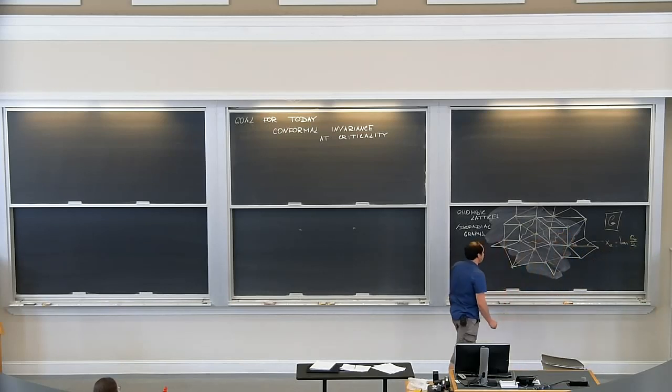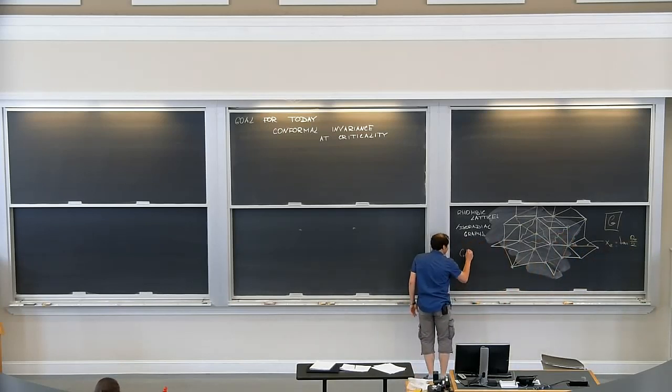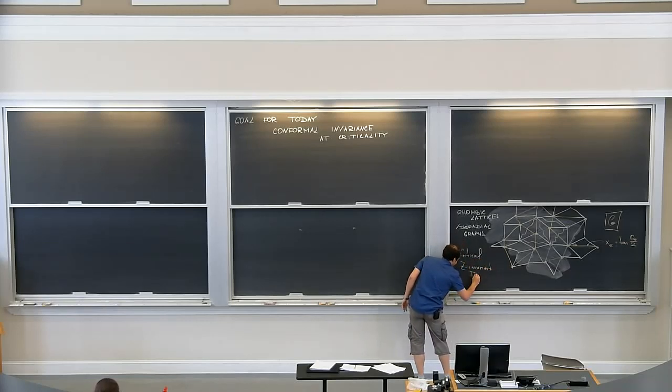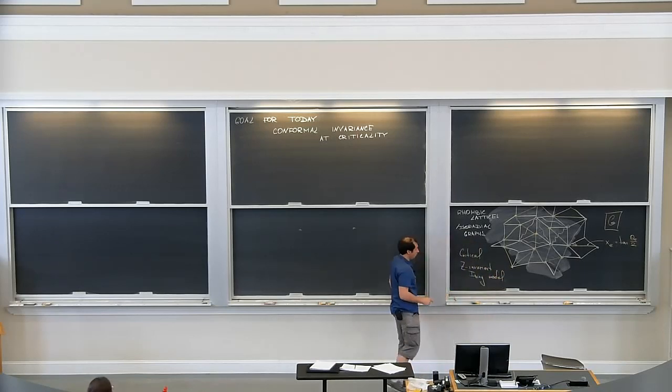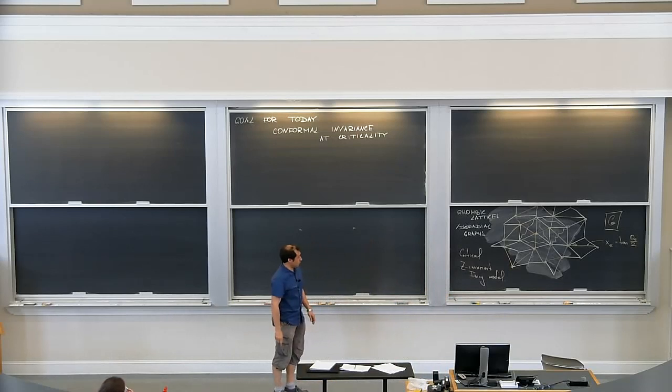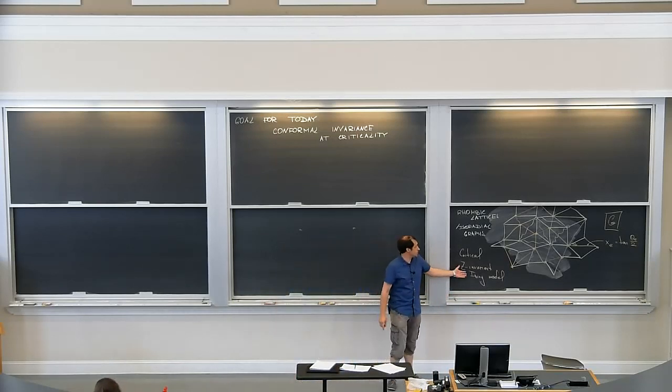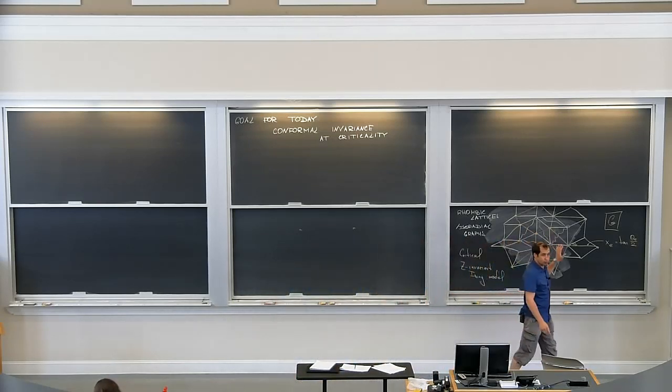Okay? In general, this is called the critical z-invariant Ising model. What this z-invariance is about is star-triangle moves.